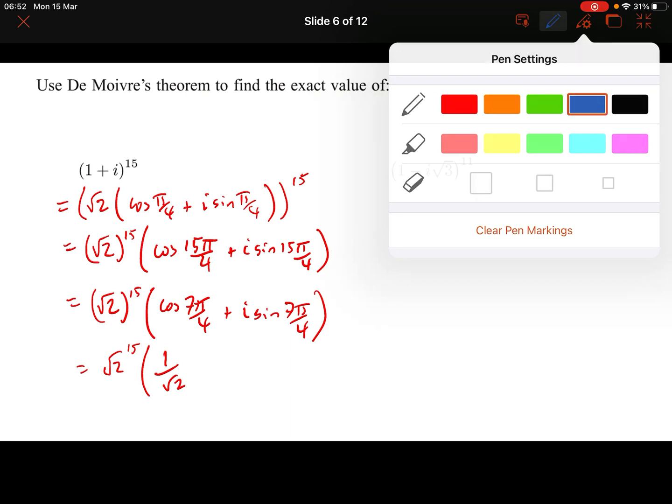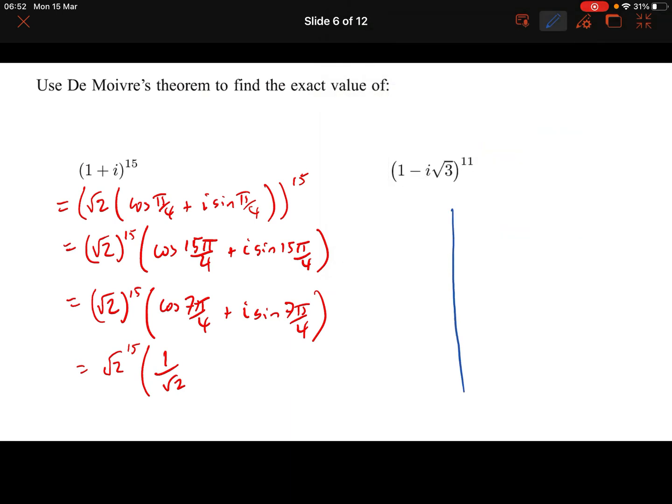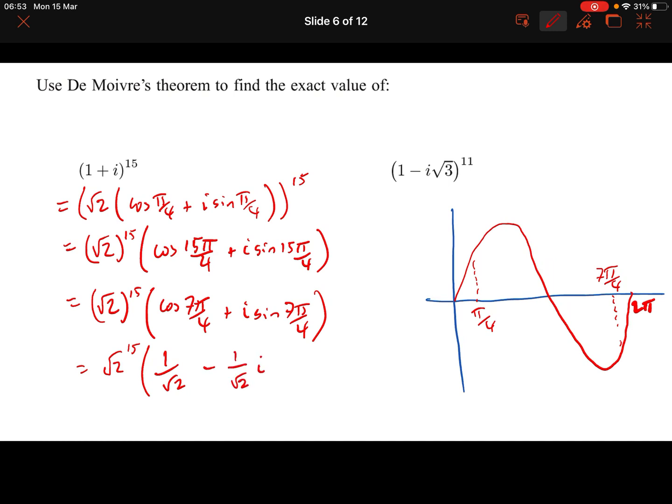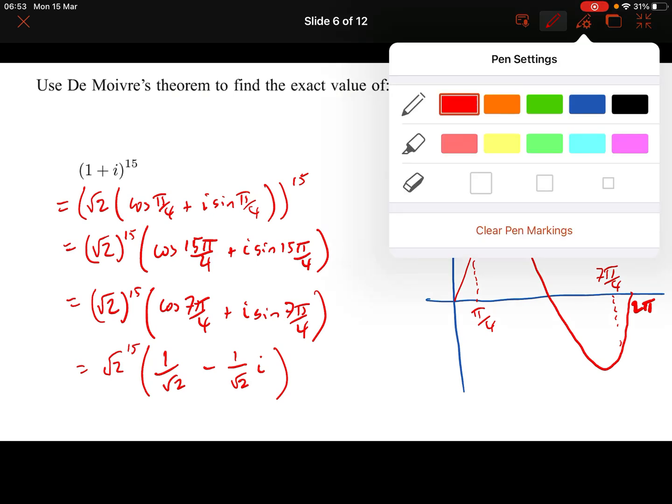The sine of 7 pi over 4 would look like this. That's 2 pi, so 7 pi over 4 is going to be the negative version of pi over 4. So that's going to be minus 1 over root 2 i. It's the negative version.